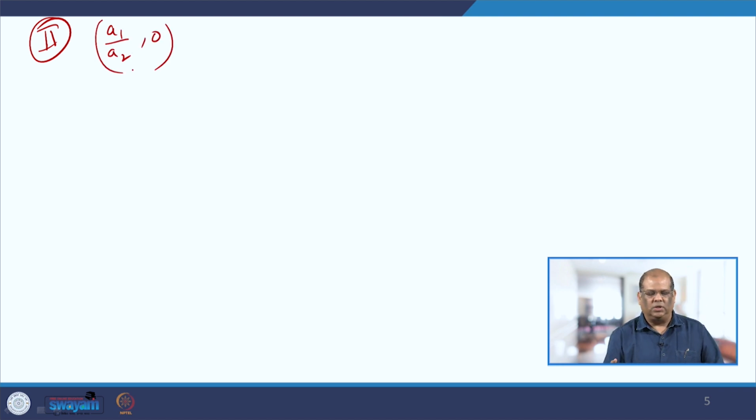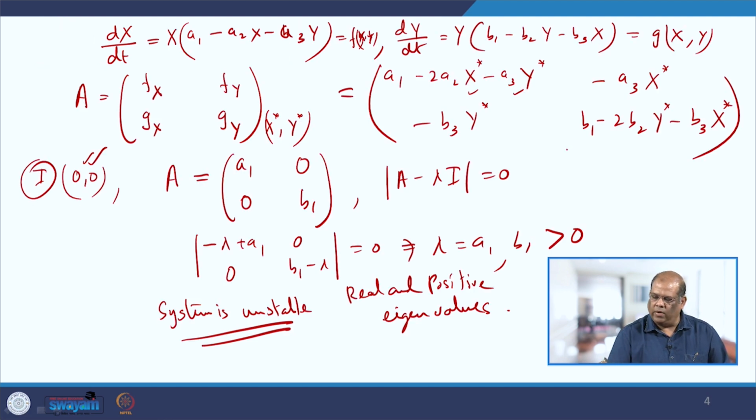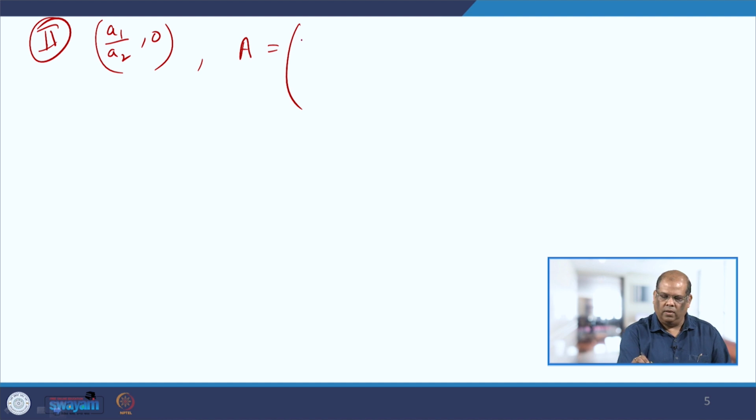That means the first species is there, but the second species did not survive, goes extinct. So, if I substitute it, you will get the value of A. You have to take this matrix and substitute x star equal to a1 by a2 and y star equal to 0. If you do that, you will get minus a1, minus a1 a3 by a2, 0 and b1 minus a1 b3 by a2.